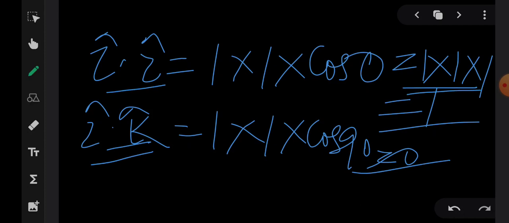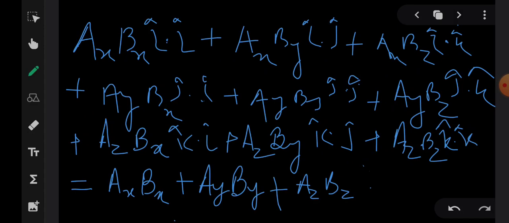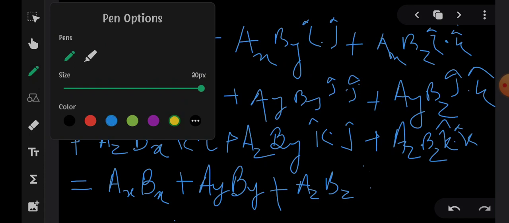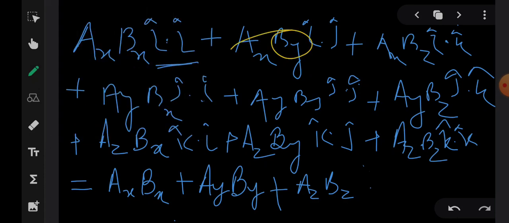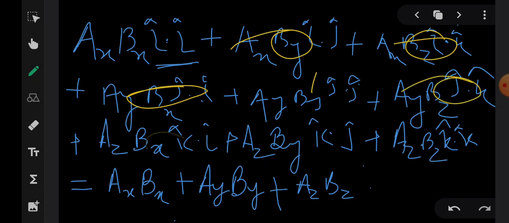Using this idea, you can see i dot i here is 1, this will be 0, this will be 0, this will be 0, this will be 0, this will be 1, then again here it is 0, this is 0, this will be 0, and here it will be 1.